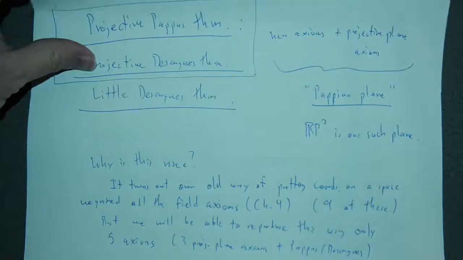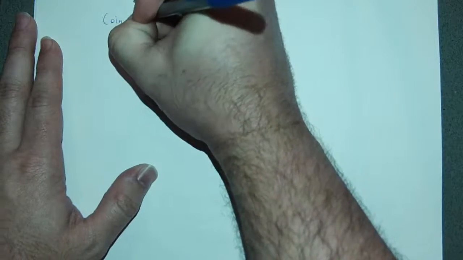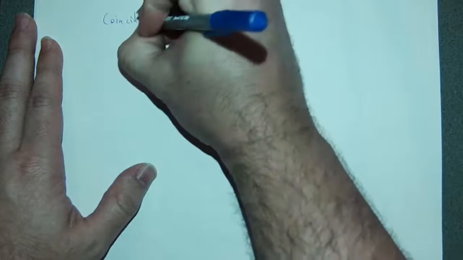All right. And so what we want to keep track of is kind of the only thing we can keep track of in projective geometry, which is coincidences.